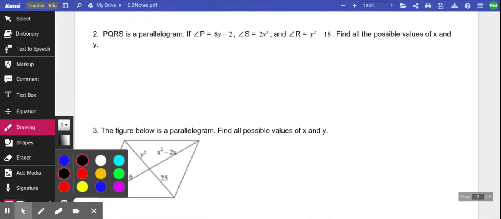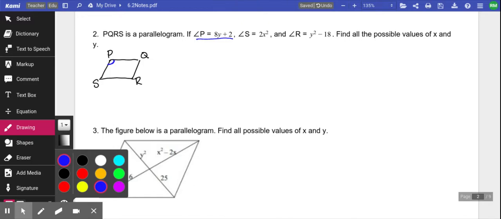So problem number 2, anytime that there is no diagram or picture for these problems, I like to draw one. So I'm going to draw just a small parallelogram, and I'm going to label it PQRS. And you want to start with P, and then the next vertex should be Q, then R, then S. Okay, and then angle P, I'm going to mark blue, and I'm also going to underline it here.